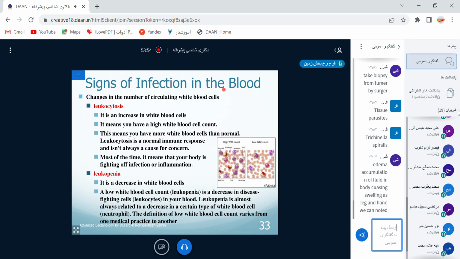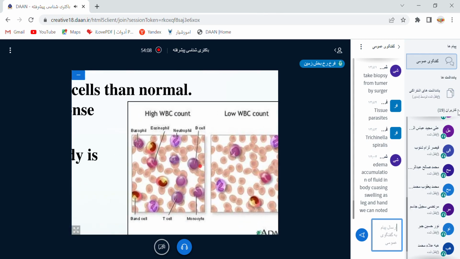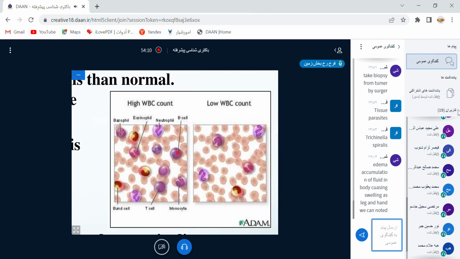If bacteria are present in the tissue or in the blood or in any place, mostly the number of white blood cells is more than normal. So by getting a sample from blood and after staining, we can easily see the blood.